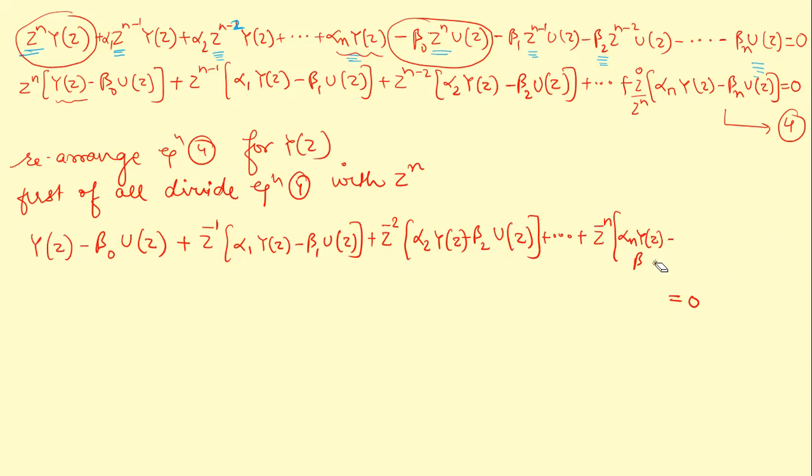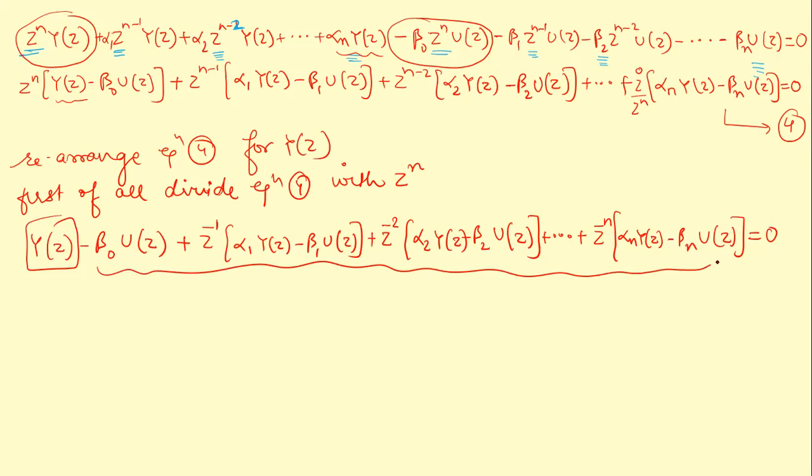So we can write it here. So we have beta n uz is equal to 0. Now we have yz here, and we will take all these terms to the right hand side, okay?